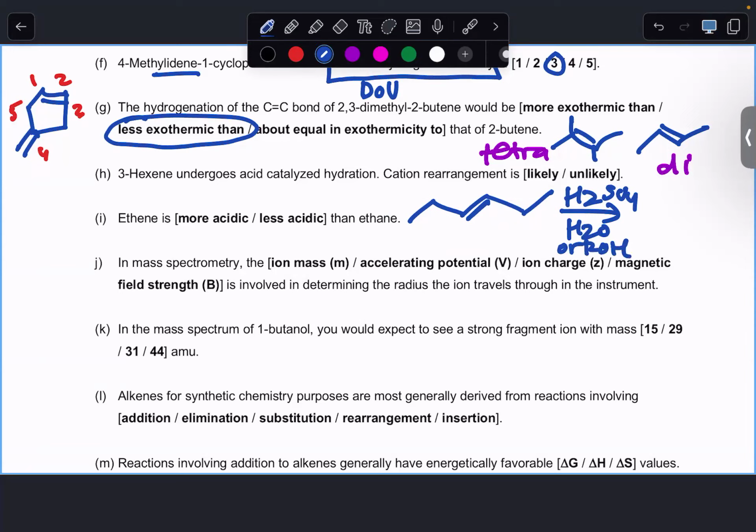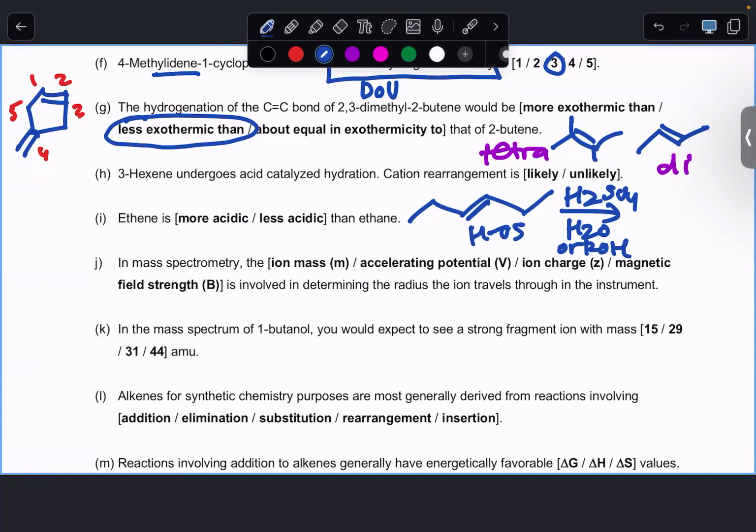Right. Well, 3-hexene, right? Okay. So what is the first step here, if we have an alkene reacting with a strong acid? Yeah, we protonate one of the carbons, and in this case, does it matter which carbon we protonate? It doesn't matter because they are equally substituted.